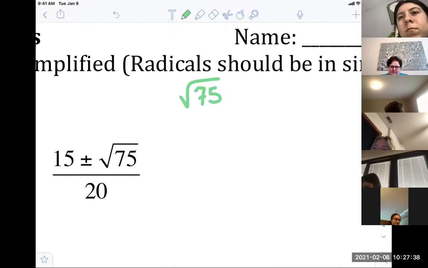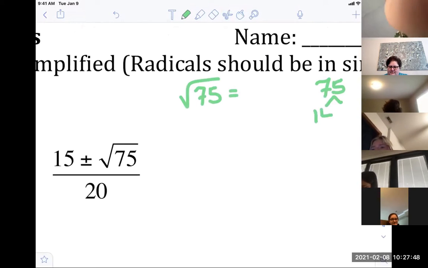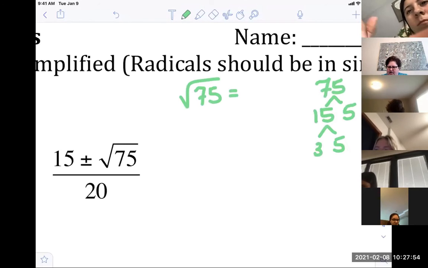Remind me how to do that. You can divide it by 15 and 5. So you could do a factor tree, right? And then the numbers that get paired up come outside of the radical, and then the other numbers stay inside.